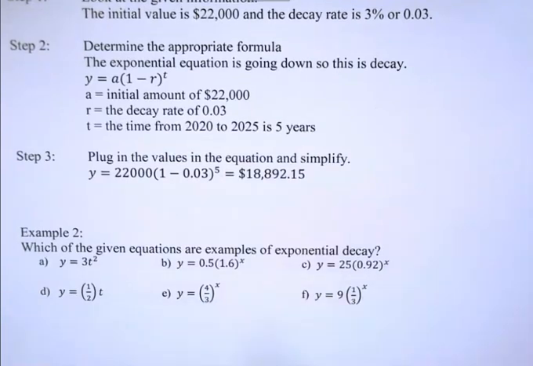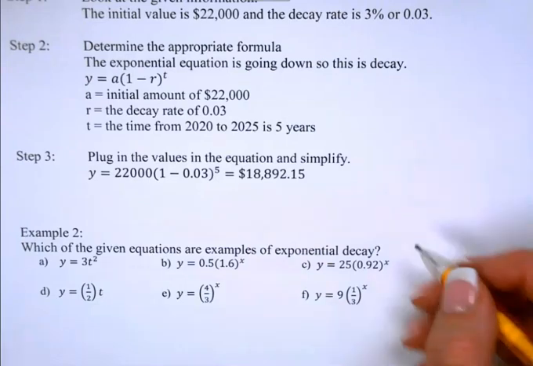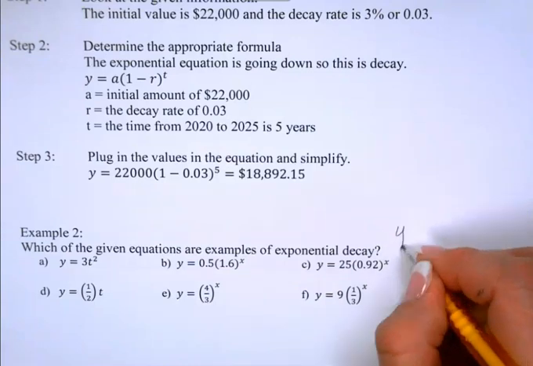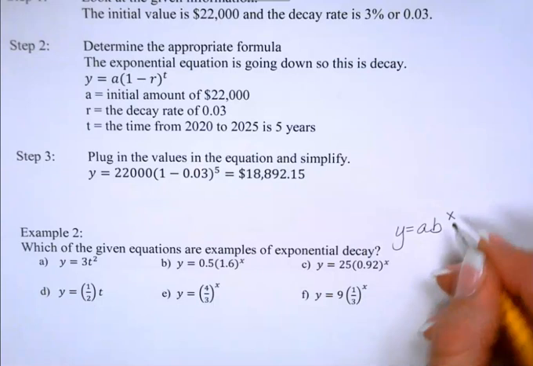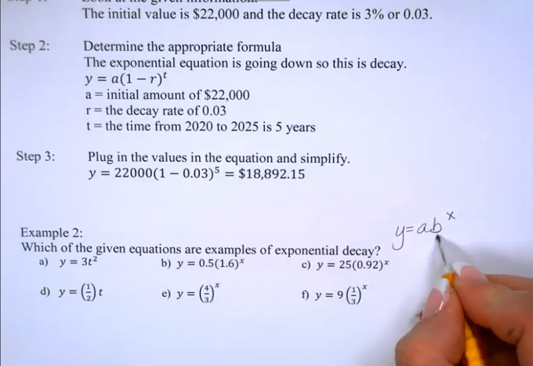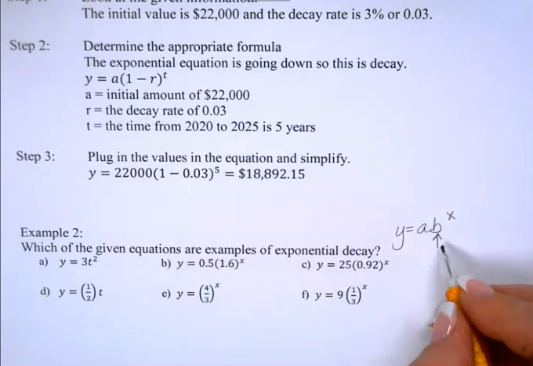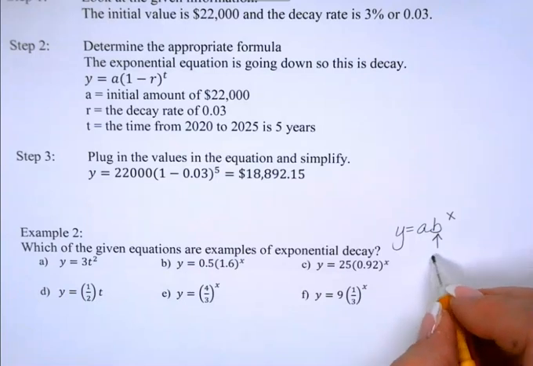On example 2, let's look at which of the given equations are examples of exponential decay. So we need it in the form y equals a times b to the x, and in this case, my b value has to be between 0 and 1.